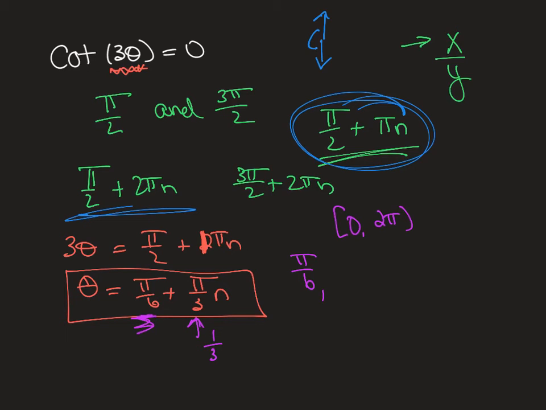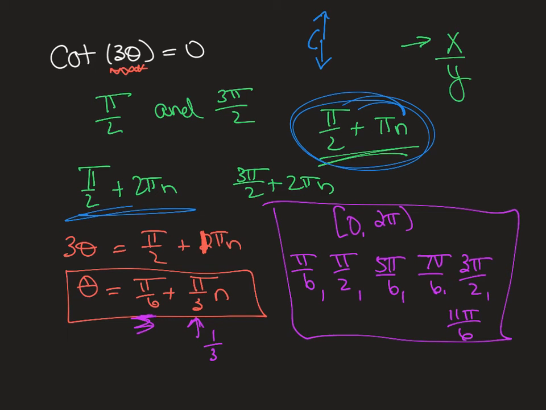So 1/6 plus 1/3 would give me 1/2, so pi over 2, plus 1/3 would give me 5 pi over 6, plus 1/3 would be 7 pi over 6, then 3 pi over 2, then 11 pi over 6. If I went farther, or added 1/3 again, I would be past 2. Remember, you only go up to 2.